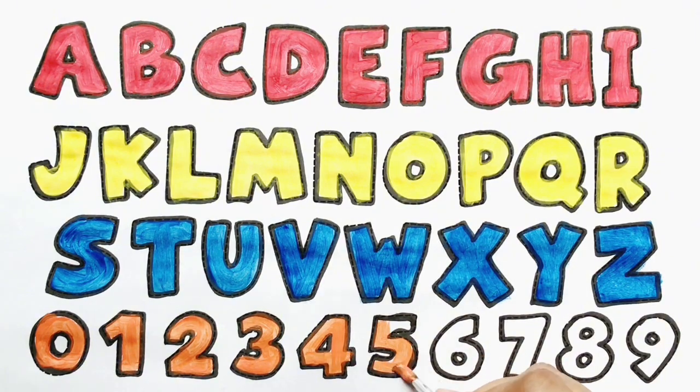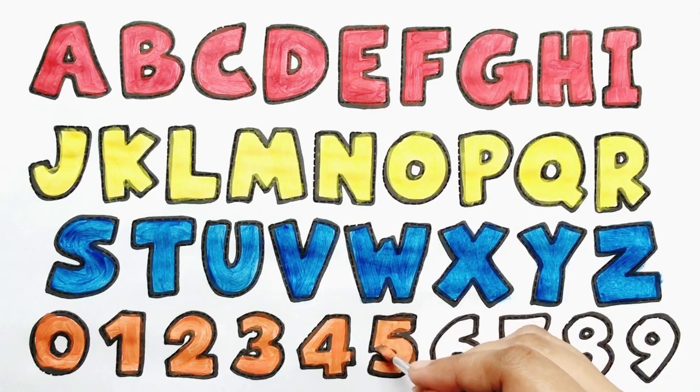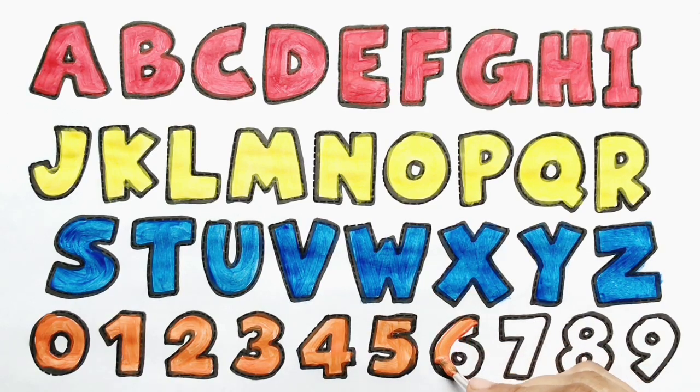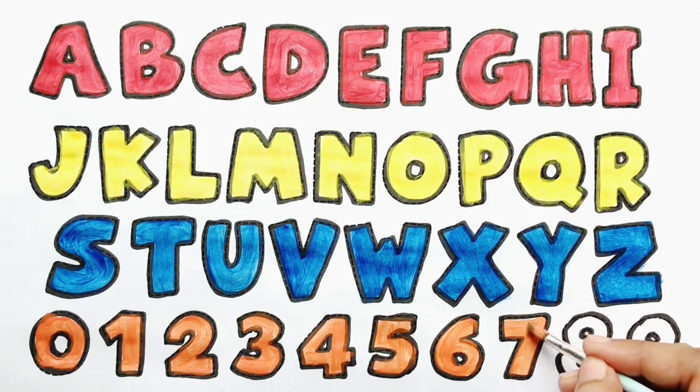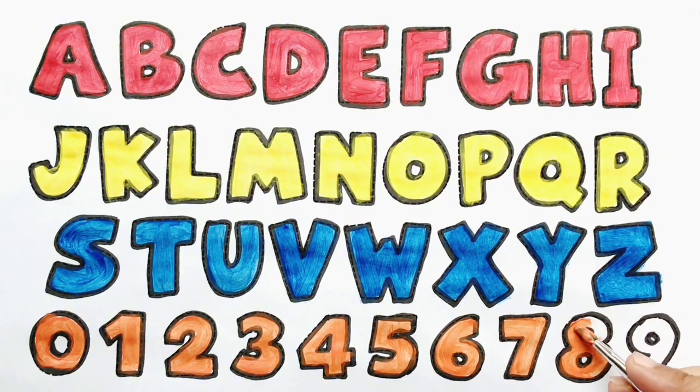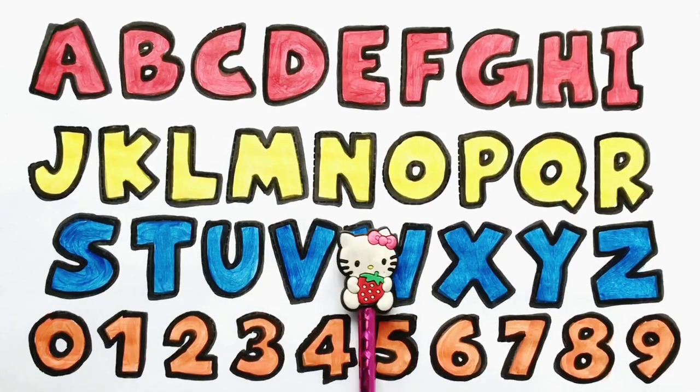Next time, won't you sing with me? A, B, C, D, E, F, G, 6. H, I, J, K, L, M, N, O, P, Q, R, S, T, U, V, Number 7. W, X, Y, and Z. Now I know my ABCs. Number 8. Next time, won't you sing with me? A, B, C, D, E, F, G, H, I, And number 9. L, M, N, O, P, Q, R, S, T, U, V, W, X, Y, and Z. Now I know Let's repeat again.